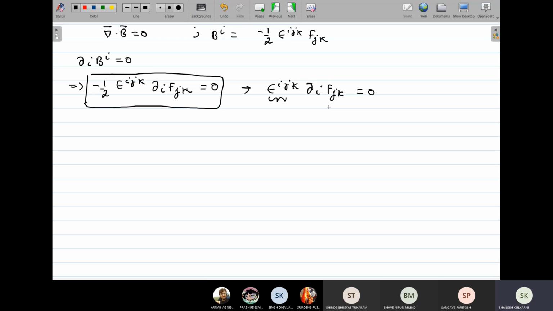So what can you say about this? If I take the cyclic permutations of this, only this, you consider only this object, i, j, k, and if I cyclically permute them and add them, I will get 0.